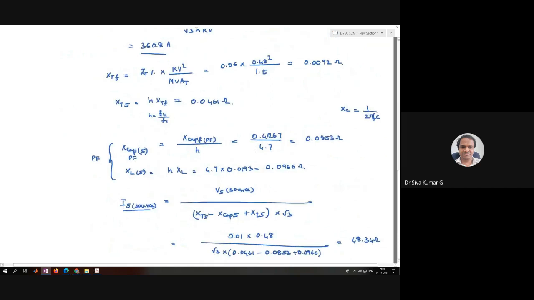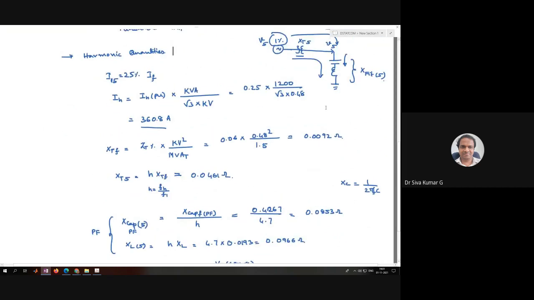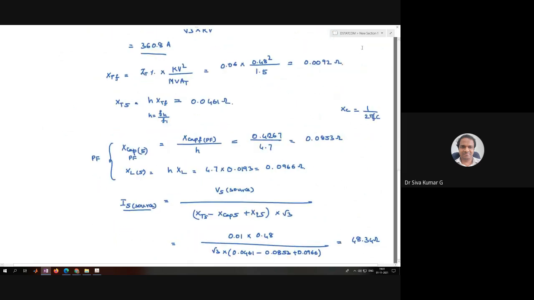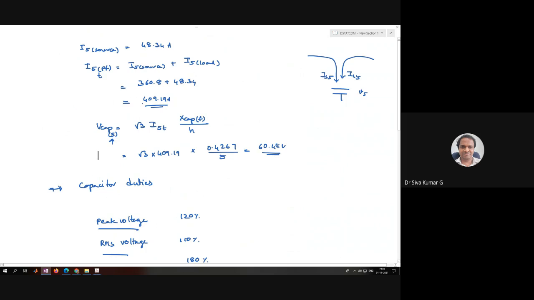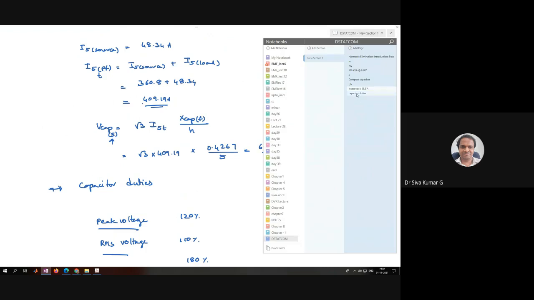The other voltage is the fifth harmonic voltage. We didn't compute it over here. Just a minute. Yes, the fifth harmonic voltage is 60.48, right?